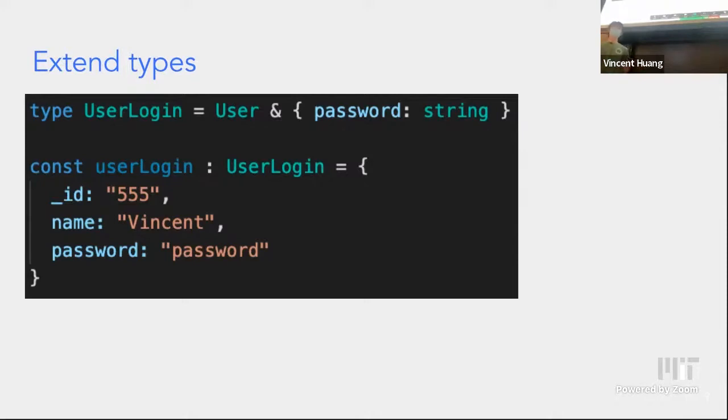But if you're going to just reuse the fields from another type, you can just extend that with this AND syntax. And what that means is I'll take all the fields from this user type, and I'll also add in a password field. And yeah, here's an example where we actually create a user login. So now it has a password field as well.